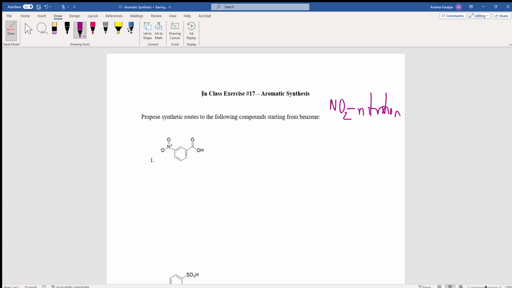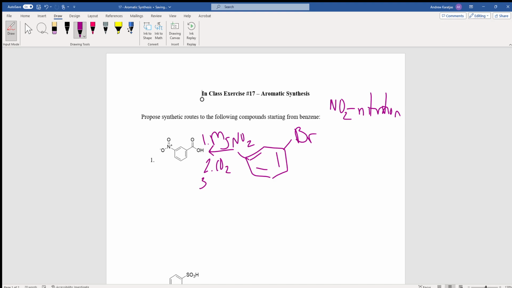And so we know that we can make carboxylic acid. We've learned a number of different ways to do that. But perhaps the easiest is to make it from a halogen, such as a bromide, where you add magnesium, followed by adding that Grignard to carbon dioxide.